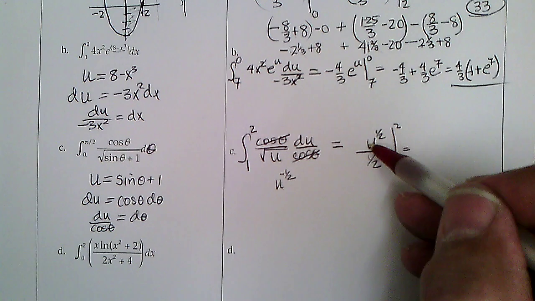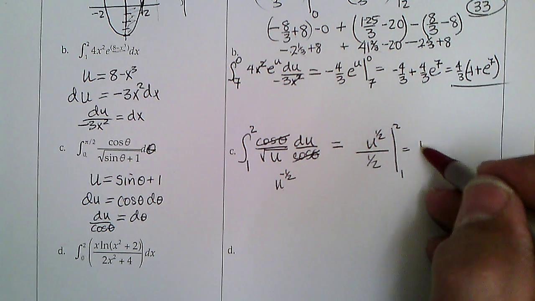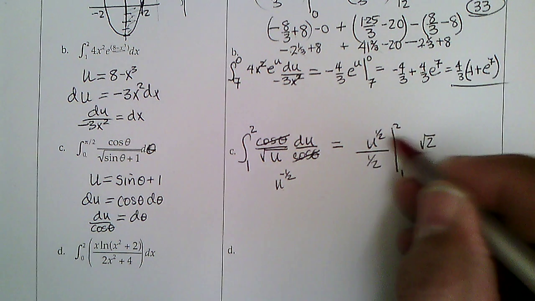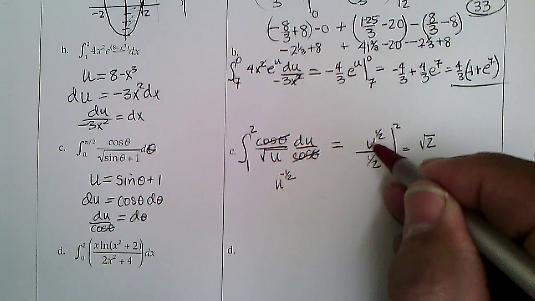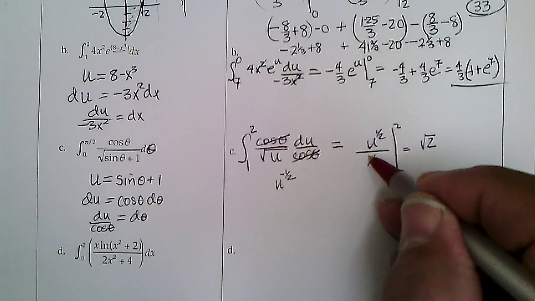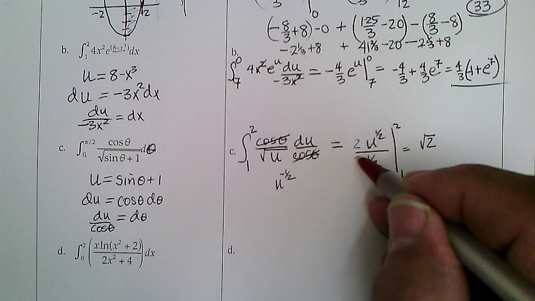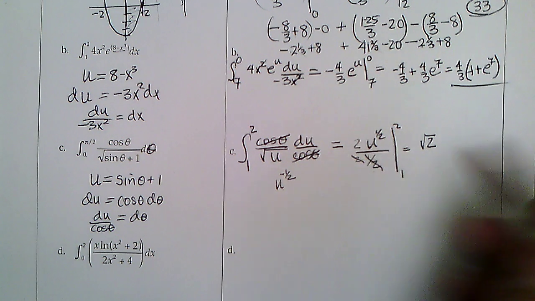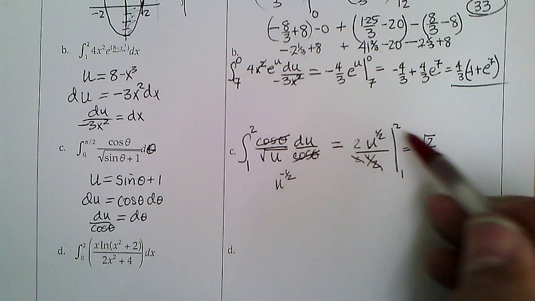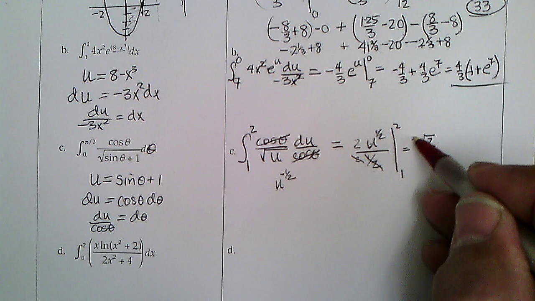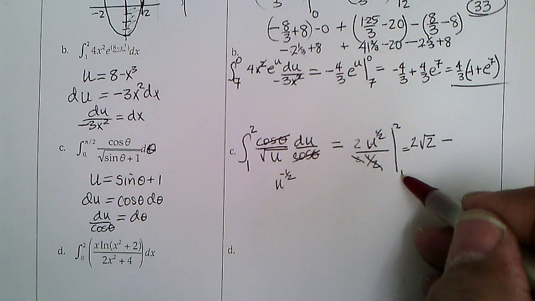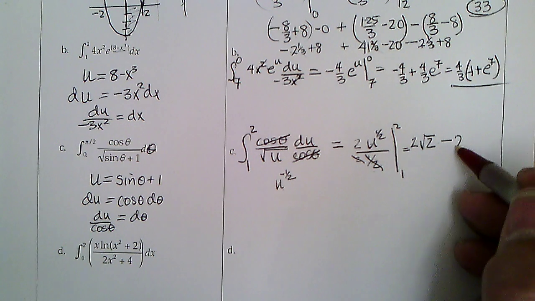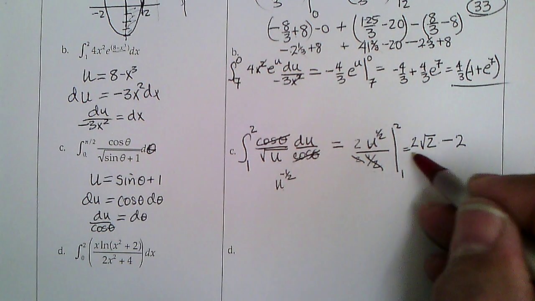So this would be the square root of 2, because u to the 1/2 is the square root of 2. And this comes up as a 2 if I multiply numerator and denominator by 2. So I get 2 square root of 2 minus, and if I put 1 in there, I get 2 square root of 1 is 1.